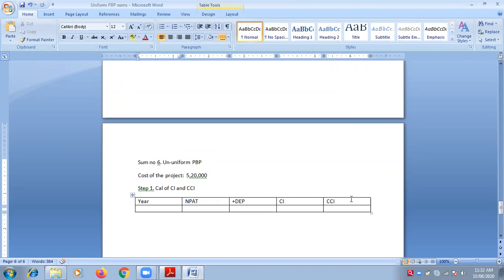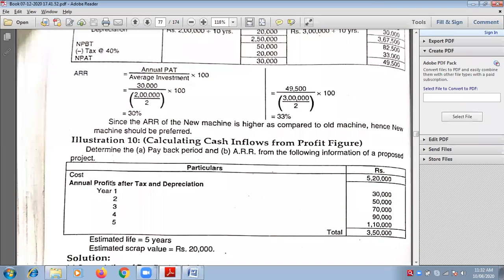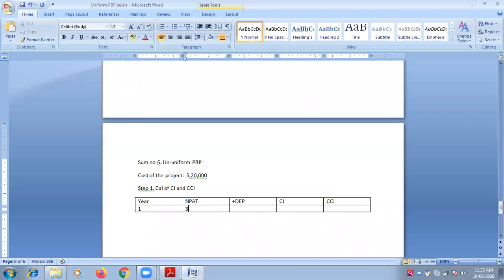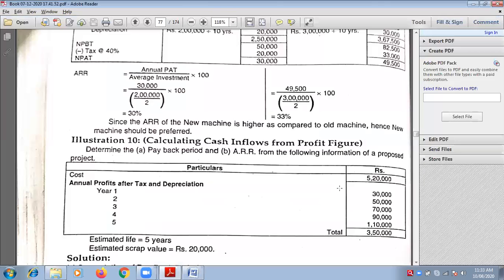Okay. Now, how many years are given? 5. What is the net profit after tax available for the first year? 30, 50, 70, 90, 110. First year's net profit is 30. Second year's is 50.